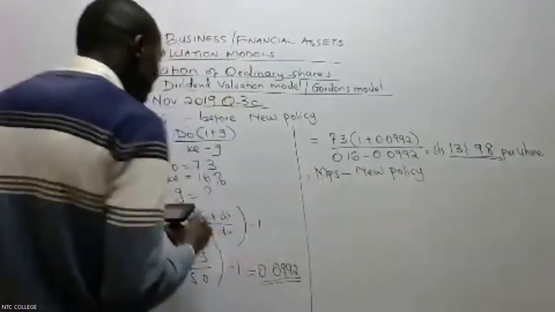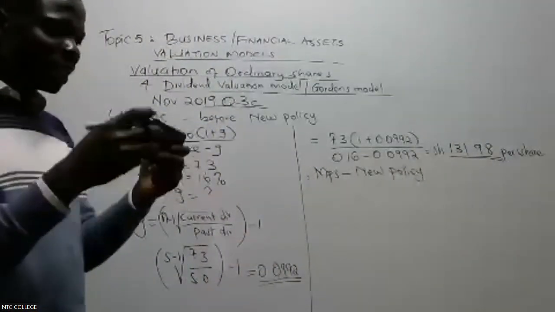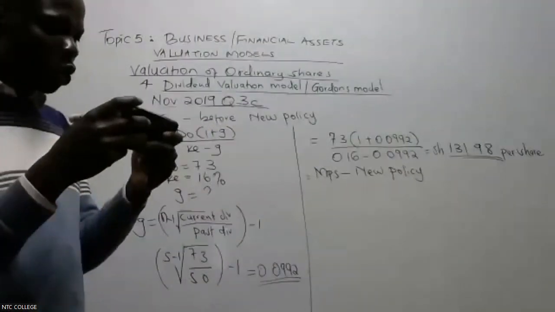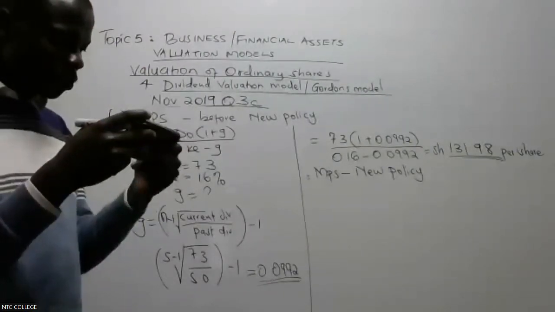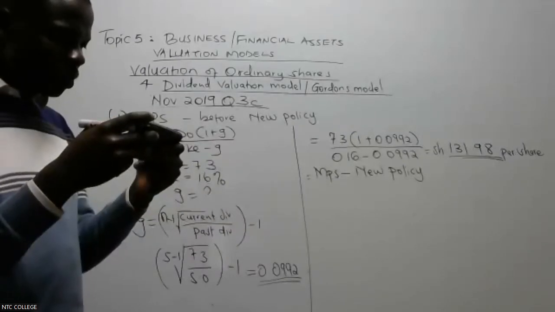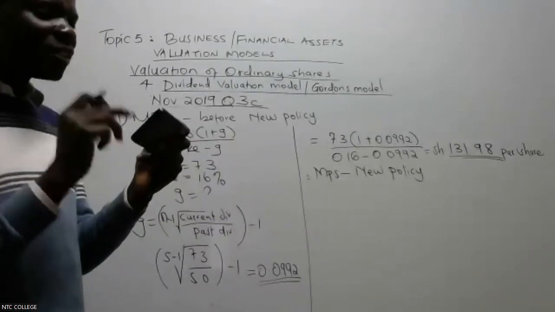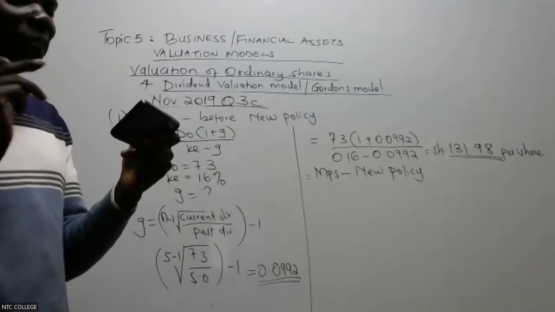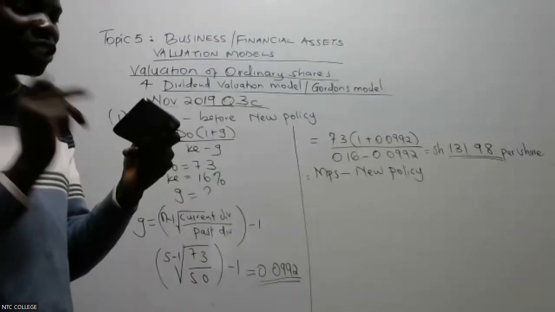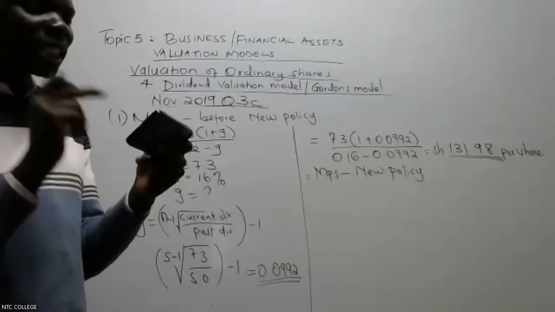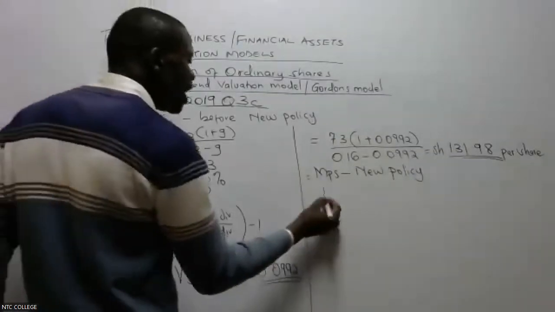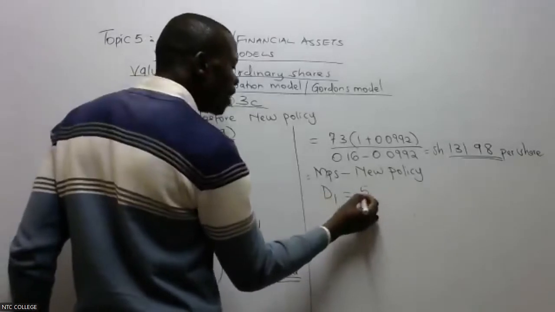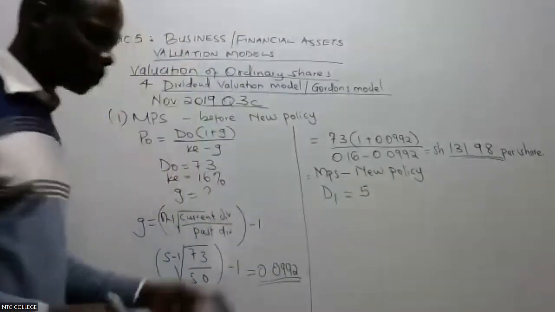Under the new policy, our D0, we are told in note number 2, the management is considering a change in the financing policy where greater financing will be provided from internally generated funds. This is expected to reduce dividends per share to 5 shillings. So our D1 will be 5 shillings, right?